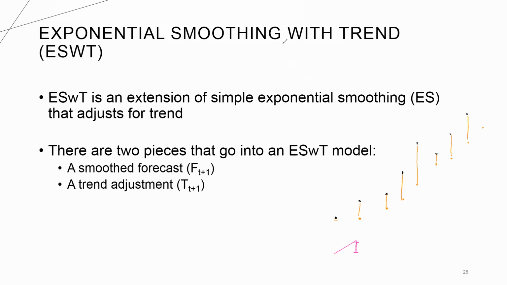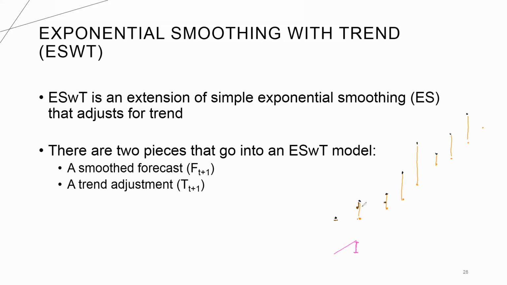So now instead of orange, let's do brown. If our previous value is this, our new value is going to be here plus that trend adjustment. That'll put it maybe around here, and now we only have this much error. So the next time, we're going to make an error adjustment, but then we're also going to make the trend adjustment.